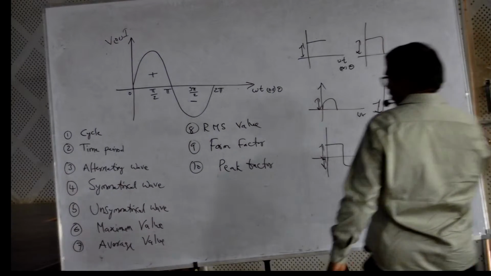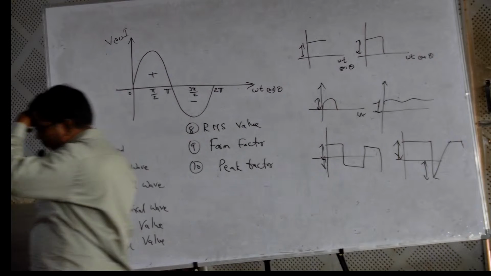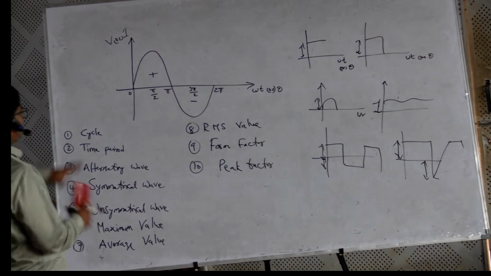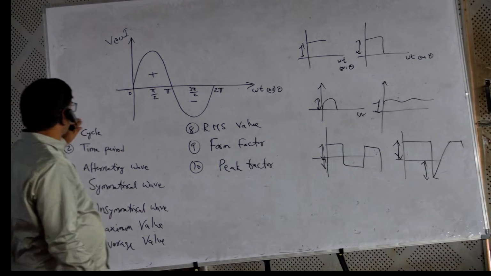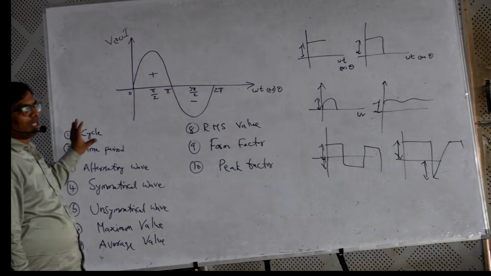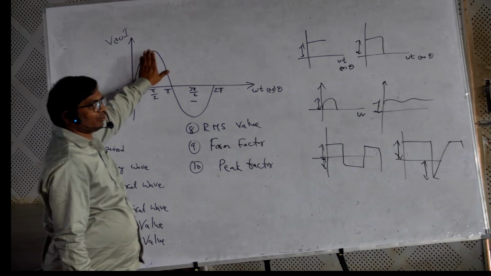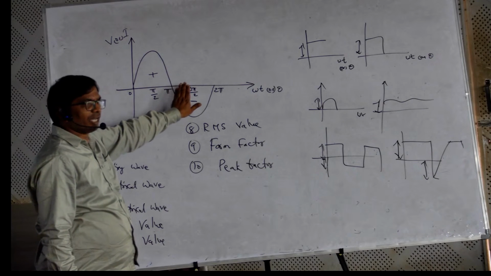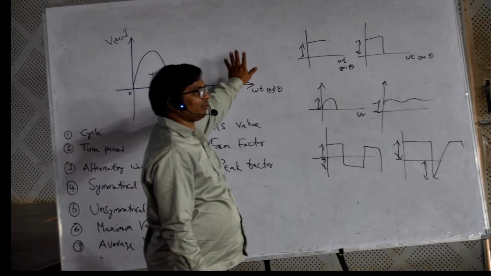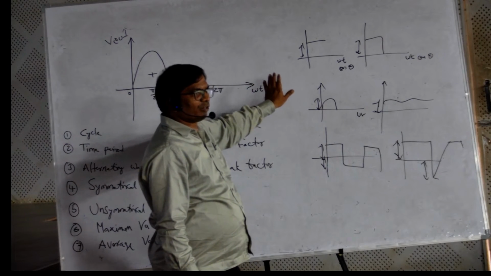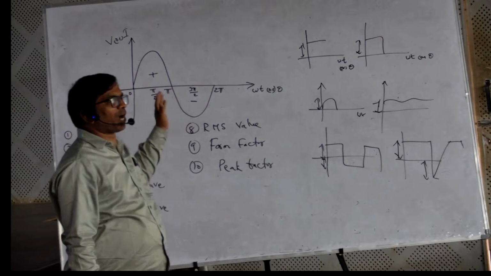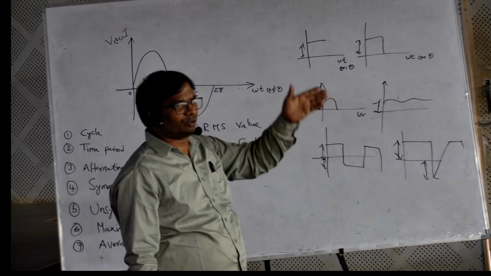Now, with respect to an alternating quantity, what is meant by cycle? See here, there is a positive value, then a negative value, then again a positive value, then a negative value. So the wave goes from positive to negative, positive to negative, and so on.